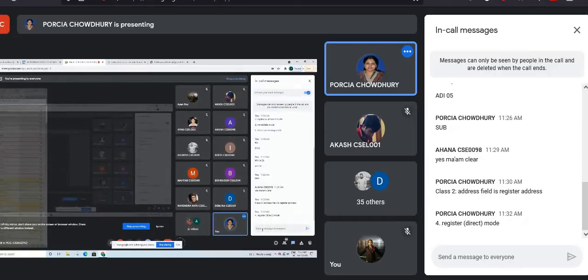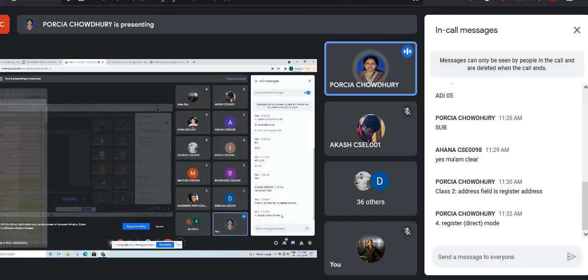This is the first category, registered direct mode. In some books you will find it as register mode, in some books as direct mode, and in some books they have written it as registered direct mode. In this way you will find it.